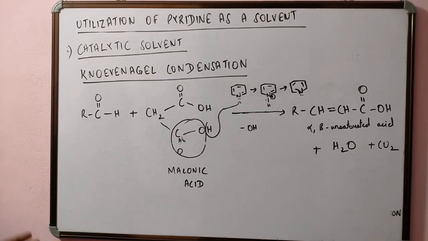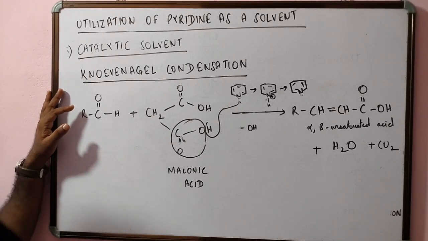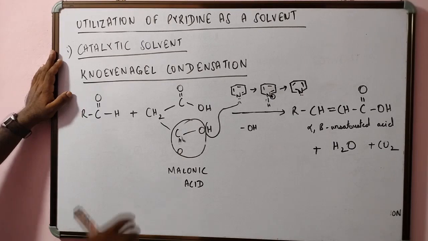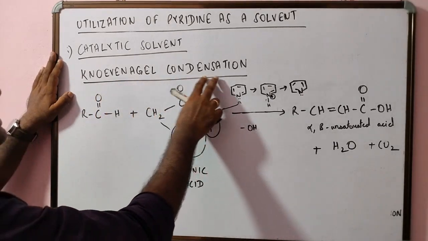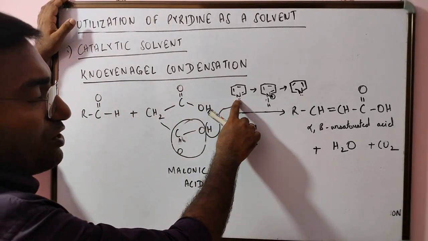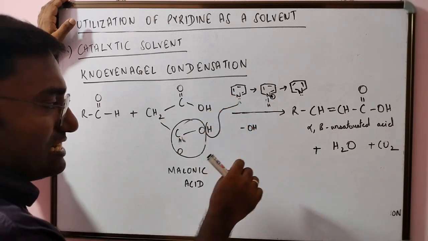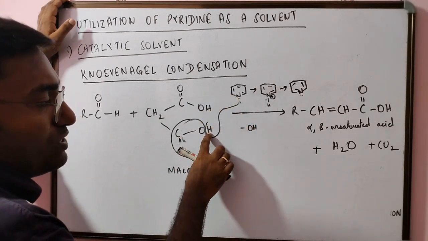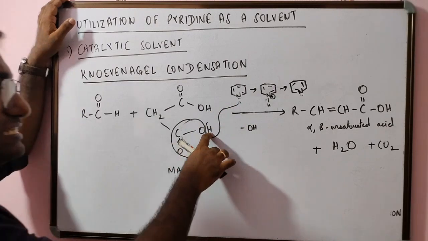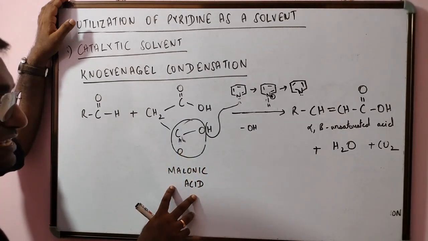Yet another example where the pyridine ring has been used for its catalytic property is manifested in Knoevenagel condensation. In this reaction, the lone pair of electrons on the nitrogen atom of the pyridine ring attracts and forms a bond with the hydrogen atom that is attached to the carboxyl group of the malonic acid.